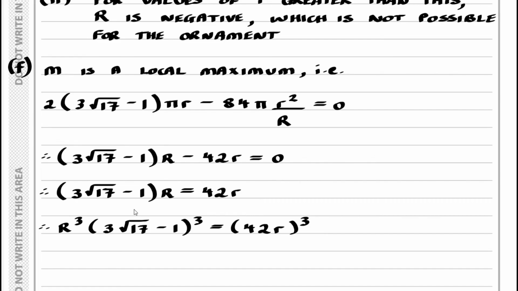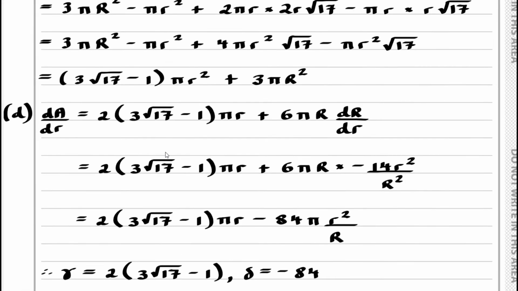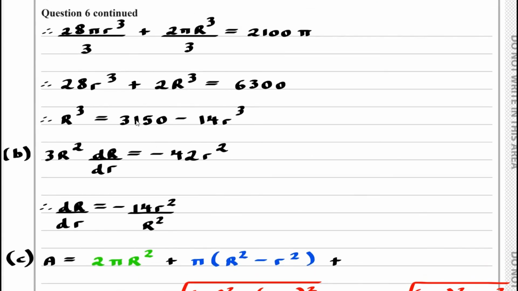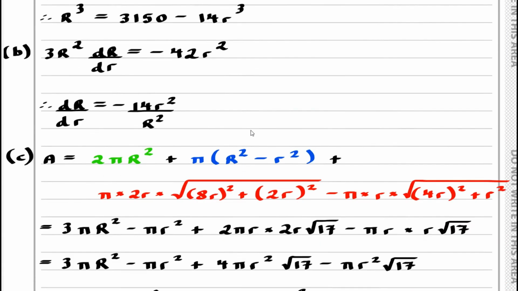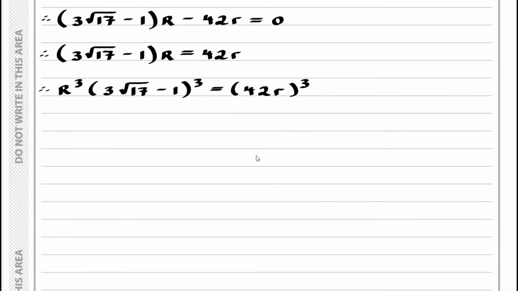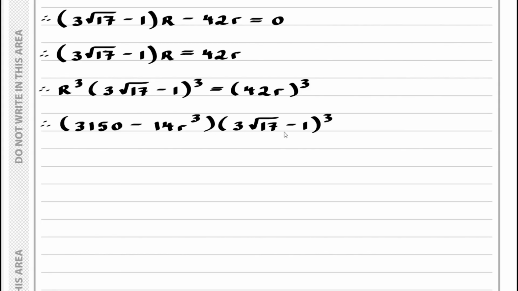And we know what r cubed was found to equal: 3150 subtract 14r cubed. So we have (3150 subtract 14r cubed) multiplied by (3 root 17 subtract 1) cubed, and that's equal to 42r all cubed, which is 74,088 r cubed.